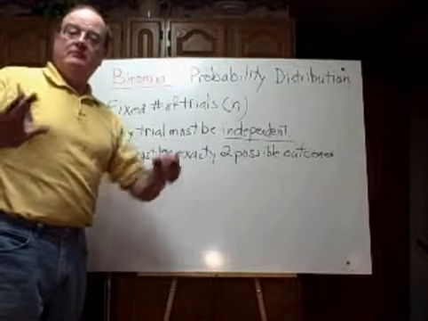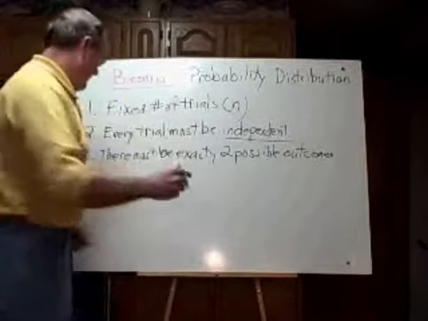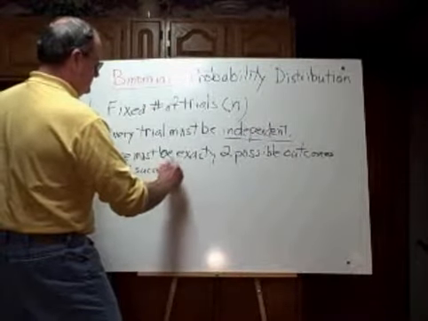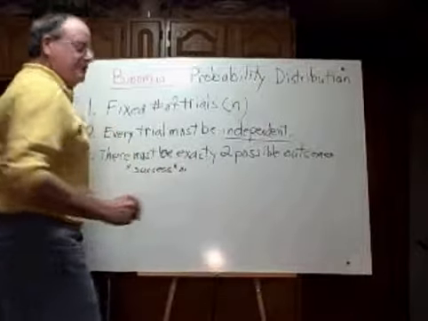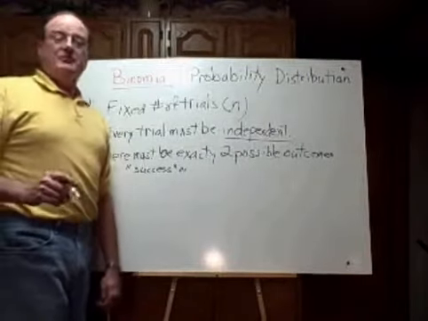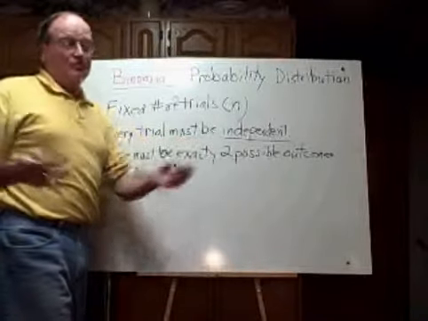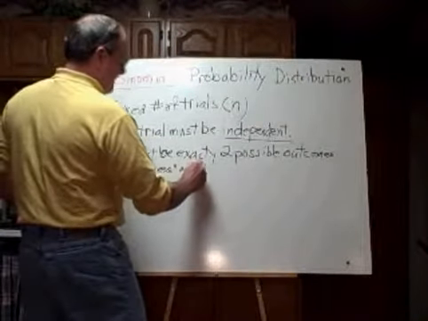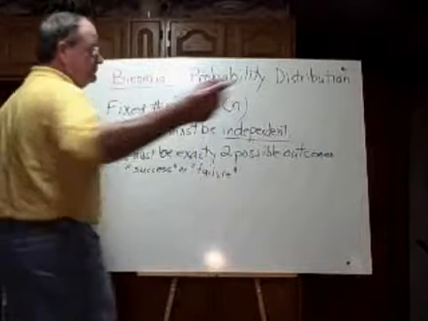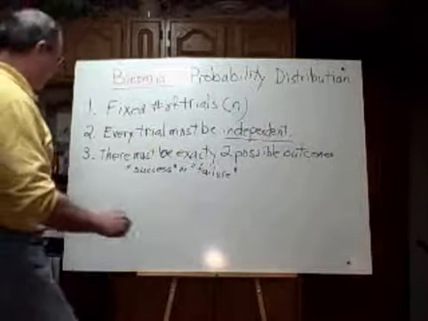We call them success and failure. And sometimes it's going to be pretty arbitrary which one we call success and failure. Sometimes it'll be obvious. Sometimes we have to make a decision. Really doesn't matter. It all depends on what viewpoint you're taking.